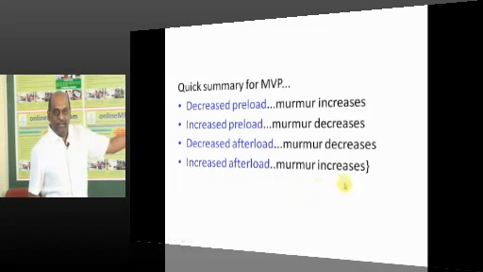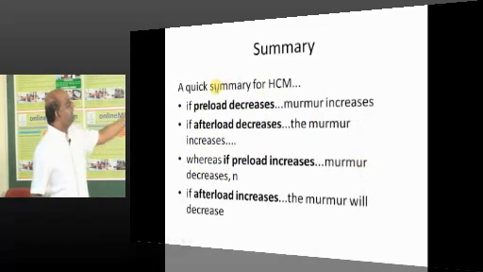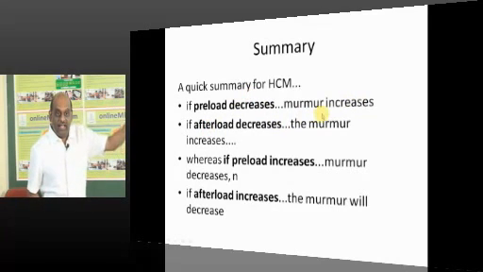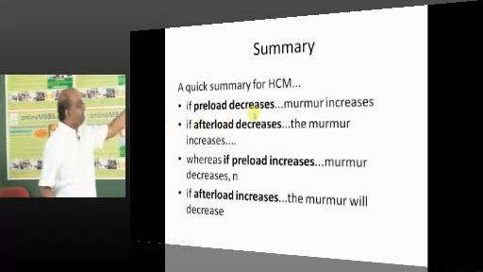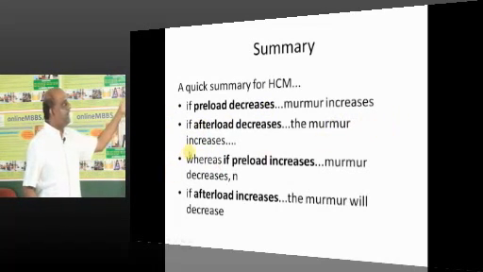Increased afterload, murmur increases in MVP. Then HOCM. Close the eyes and tell. If preload decreases, HOCM murmur increases. If preload is increased, it's a very dumb way of teaching. If preload decreases, murmur increases; preload increases, murmur decreases.